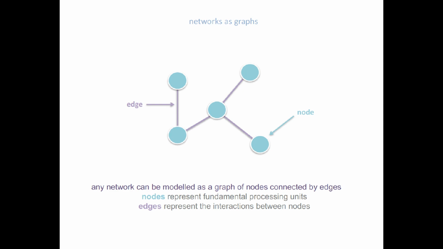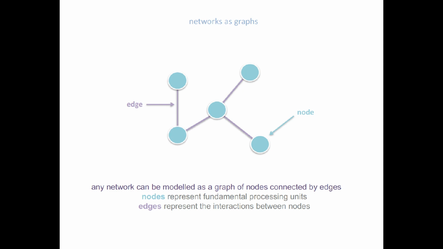Because really what we're doing is boiling down a system to its essential elements, and that's nodes and edges. The nodes represent fundamental processing units of the network. So in the brain network you might think of a node as a neuron or a population of neurons. And the edges represent the interactions between the nodes, whether it's a synapse or some form of functional communication.